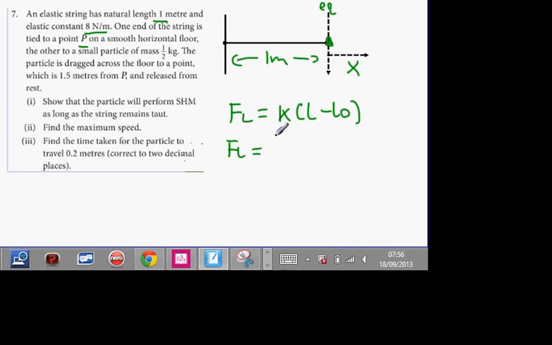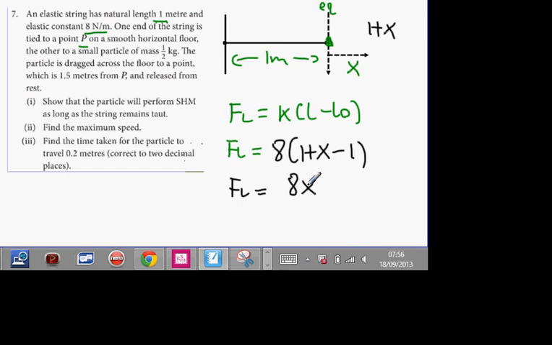Our current length is going to be 1 plus x, and our original length is still minus 1. So FL will equal 8x.